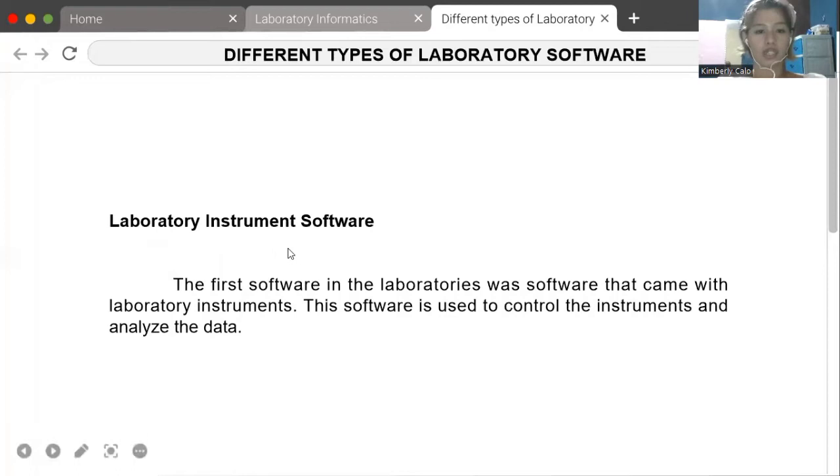Next is the laboratory instrument software. The first software in the laboratories was software that came with laboratory instruments. This software is used to control the instruments and analyze the data.